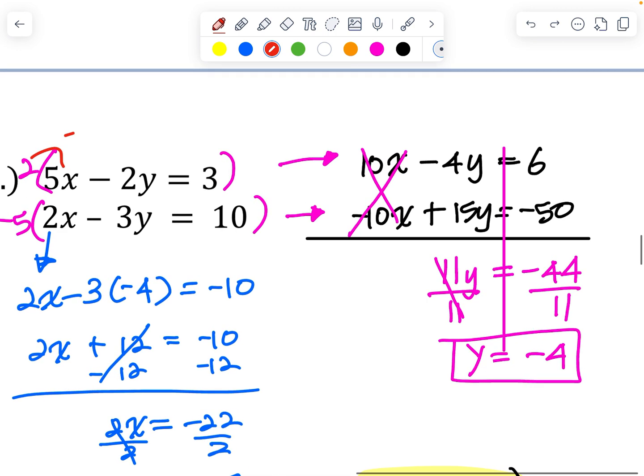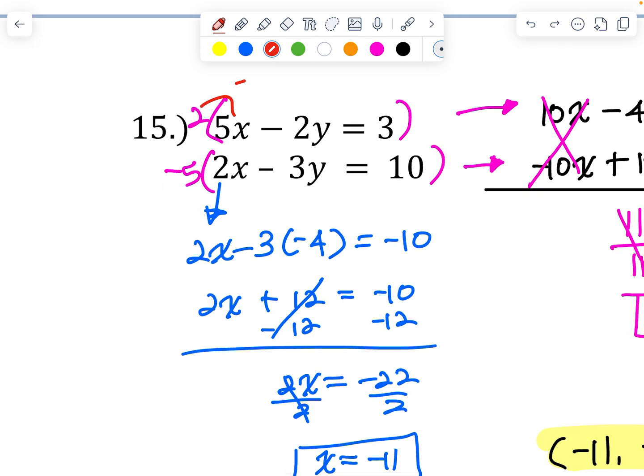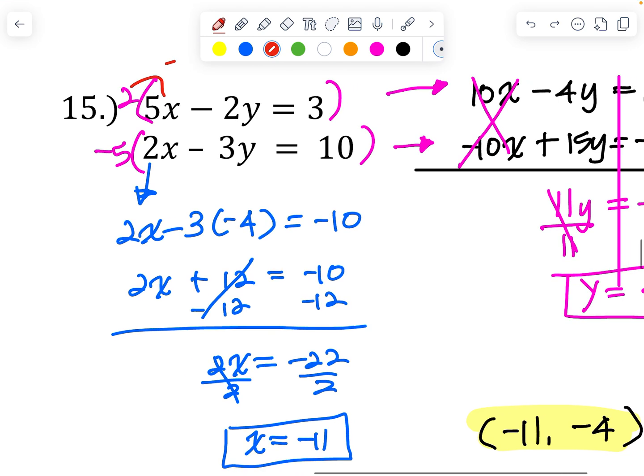And then when I added them together, divided by 11, that is negative 4. Did I make a mistake with this here? 2x, and then y is negative 4. 2x plus 12 equals negative 10, minus 12, negative 22. Huh.